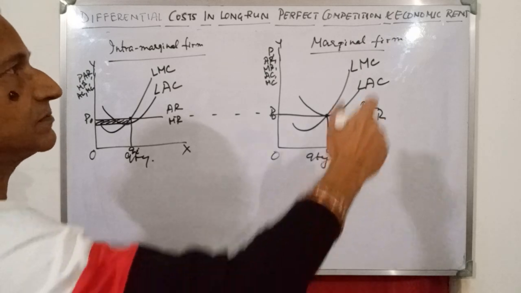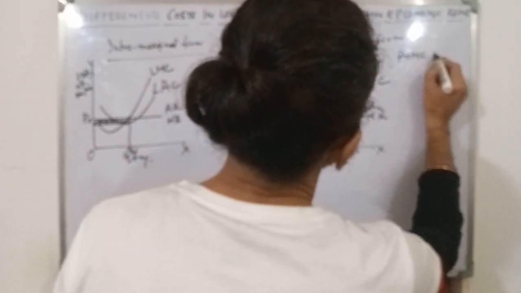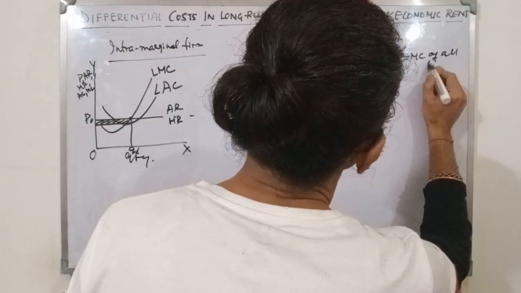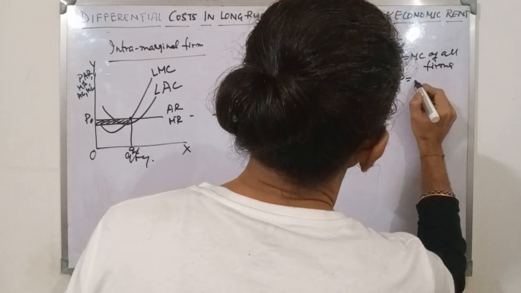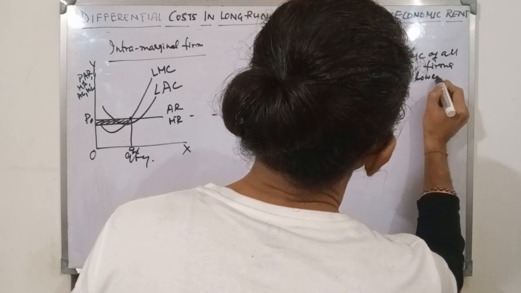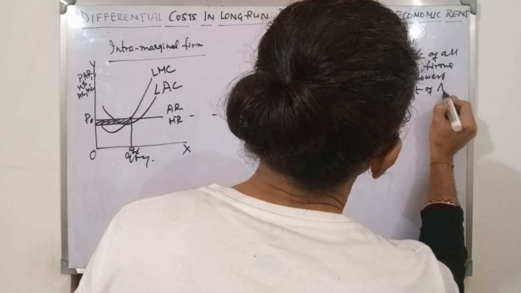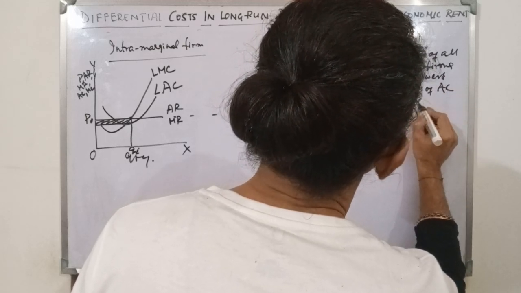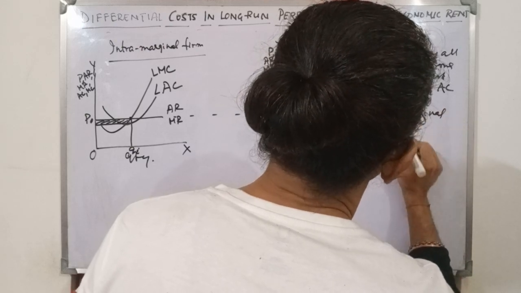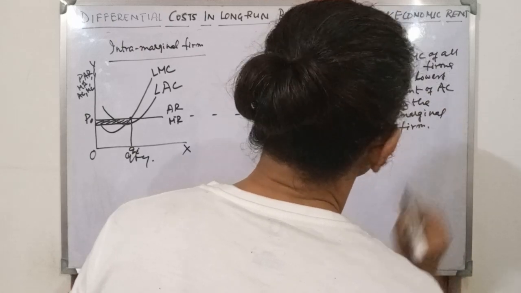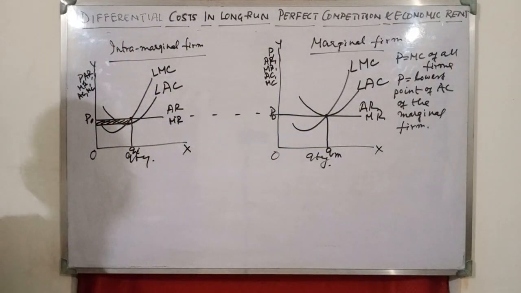And remember, the condition of equilibrium under perfect competition in the long run is that price is equal to MC of all firms and price is equal to the lowest point or minimum point of AC of the marginal firm. Marginal firm is that firm which first leaves the industry if price falls.